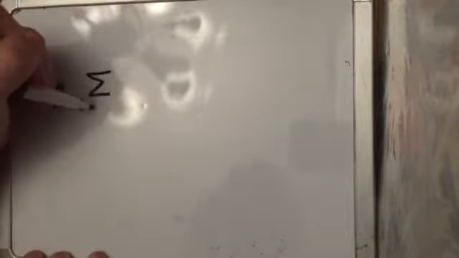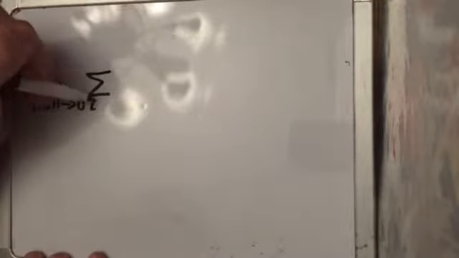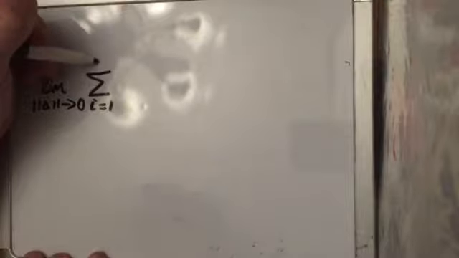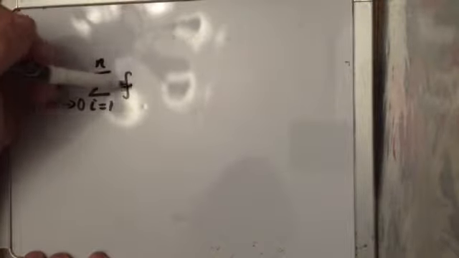So first, let's start with the definition of definite integrals. According to the textbook, a definite integral is equal to the limit as delta goes to 0 of the sum of, actually it's just a Riemann sum, so I don't really have to say that.